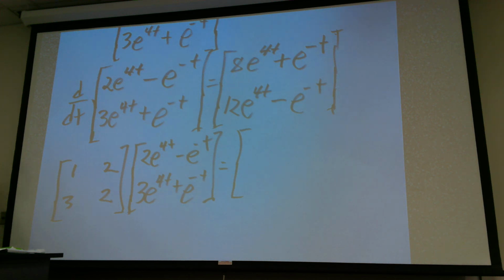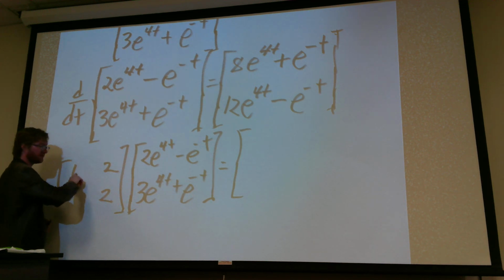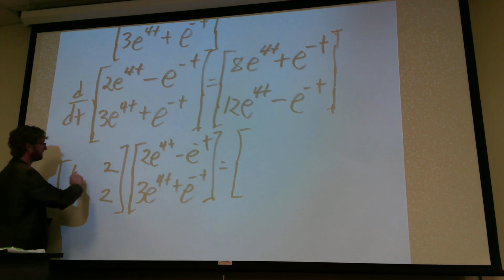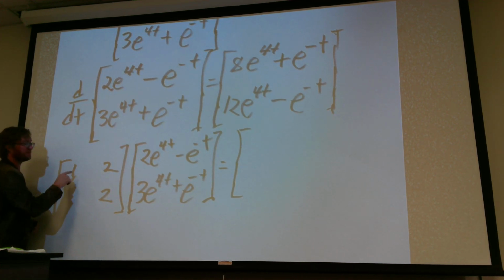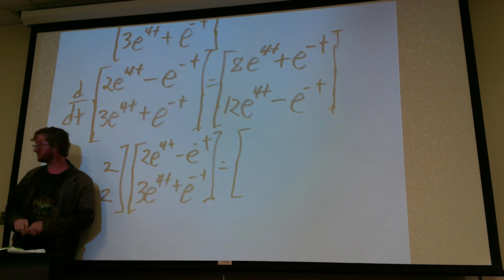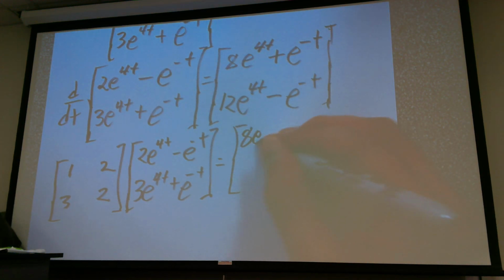Now imagine 1, 2 acting upon this thing right here. So what's it going to do? It's going to multiply this guy by 1 and this guy by 2. So that would be 2 e to the 4t, and that would be 6 e to the 4t, which would be 8 e to the 4t.